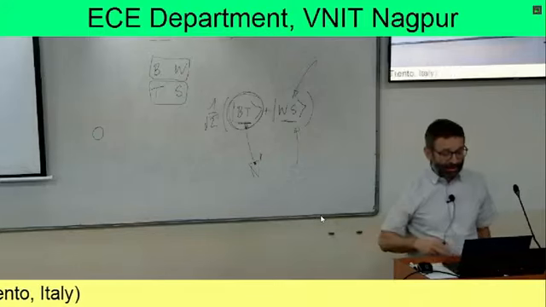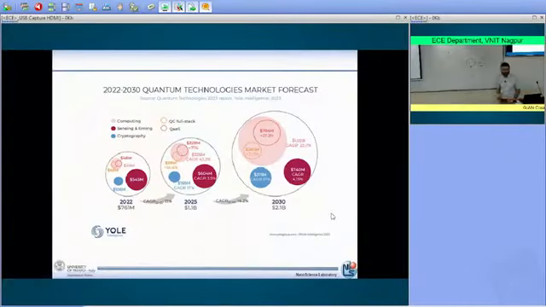And this is the reason why, if one looks at the forecast of the market, what you typically see is that the sensing market is the one that is now growing a lot, while the computing market is predicted to grow once the quantum computer is there. So this graph shows you the status of quantum technologies nowadays.